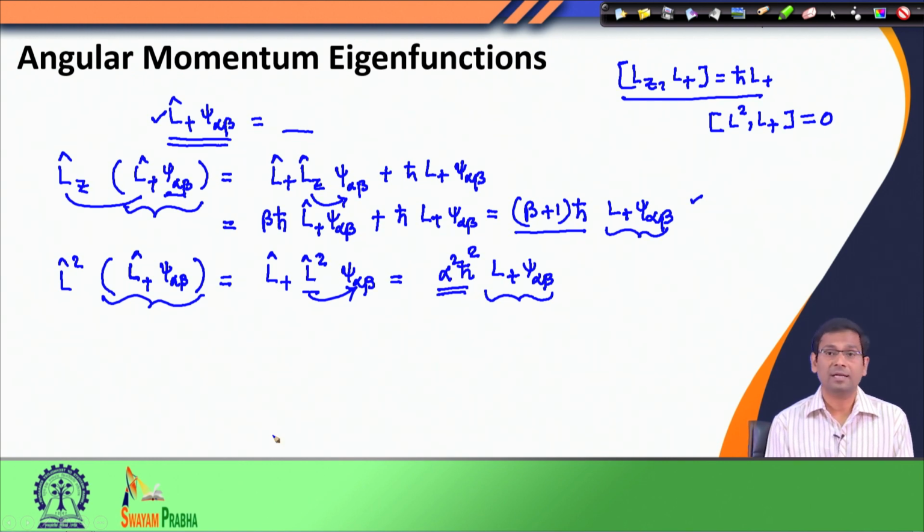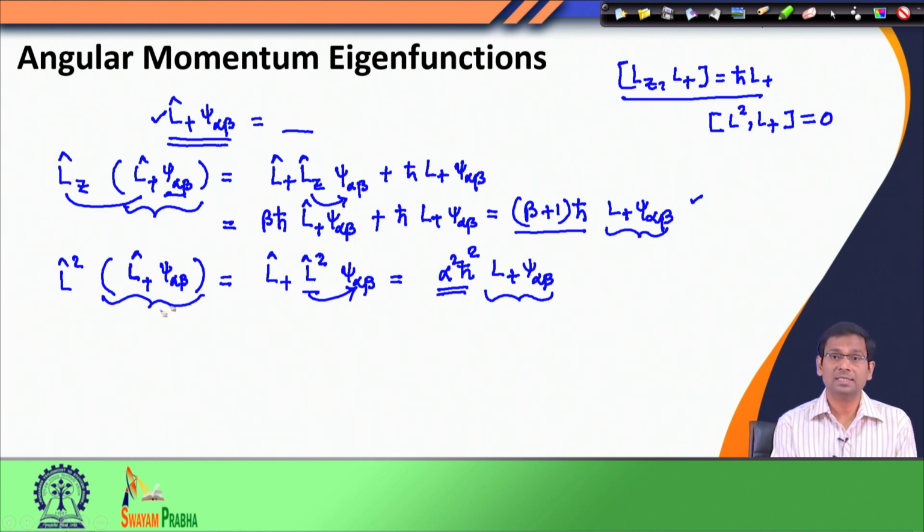So, I see that if I have defined psi alpha beta as an eigenfunction of both the L square operator and the Lz operator, then L plus psi alpha beta is also an eigenfunction of the Lz operator with an eigenvalue of beta plus 1 h bar, and this function is also an eigenfunction of the L square operator with alpha square h bar square as the eigenvalue.